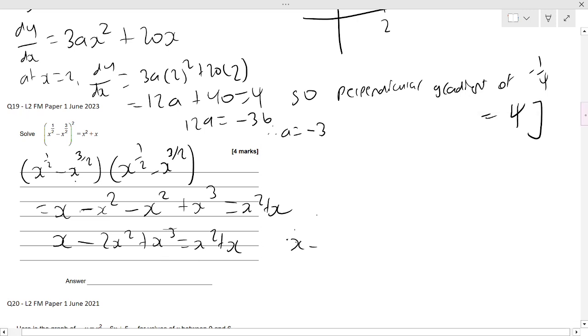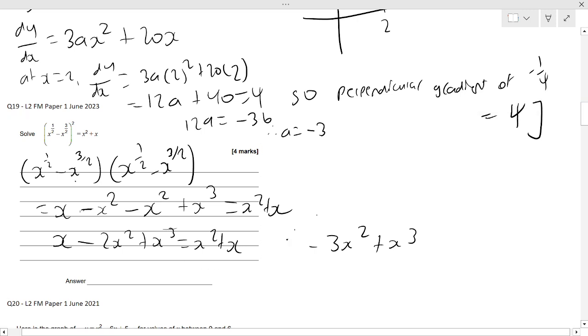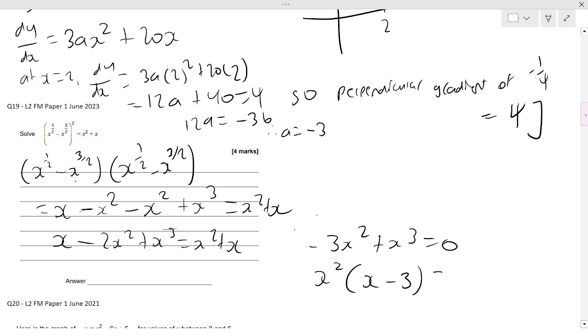So x minus 3x squared plus x cubed, and then we're going to move the x there as well. But then we're going to have x minus x. That will get rid of this, as you can see. There we are. So then we're left with this, and this will equal 0 now because we moved everything to the left side. Okay, well then I can factor out an x squared term, can't I, to solve it? So it's going to be x squared times x minus 3 equals 0.